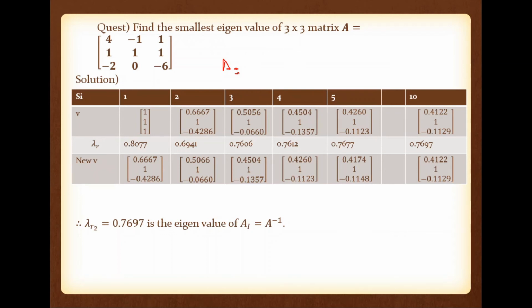So what about the smallest eigenvalue of the given A? The smallest eigenvalue of the given A, lambda 2, is equal to 1 by lambda R2, that is 1 by 0.7697, which is equal to 1.2992. Is it okay?